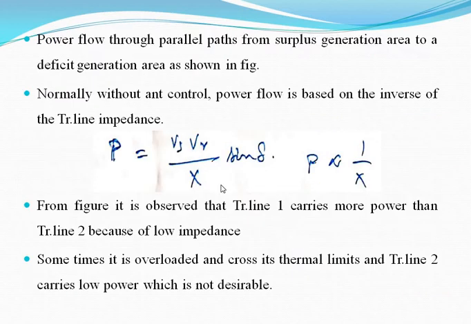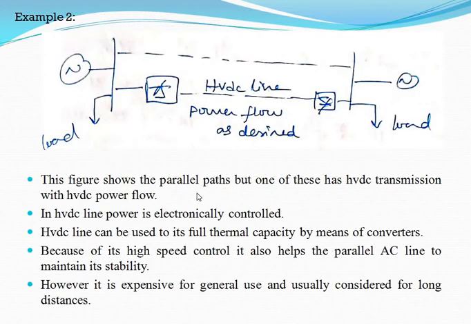So second case. This figure shows the same parallel paths, but one of the parallel paths is an HVDC transmission line. It is the same AC transmission line, and the second parallel path is an HVDC transmission line.